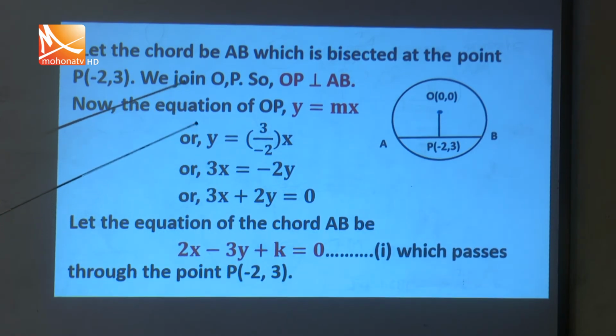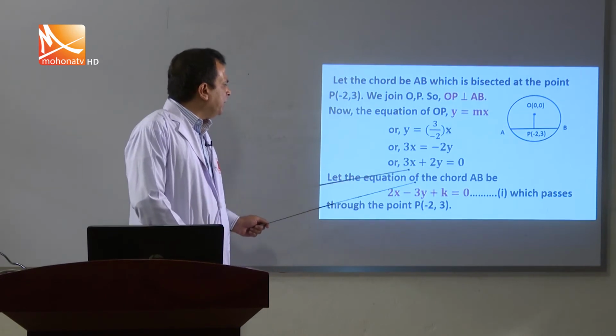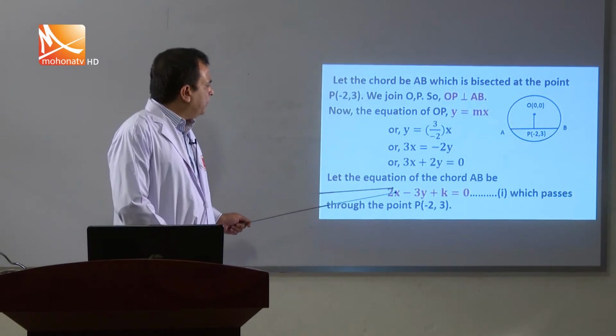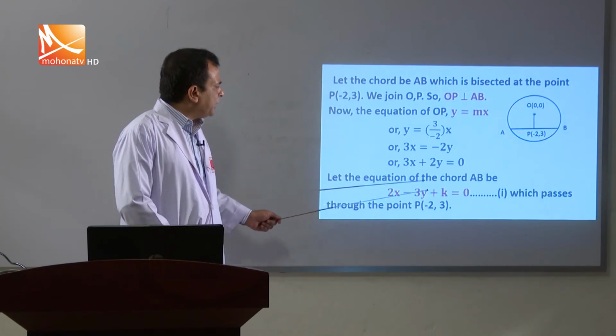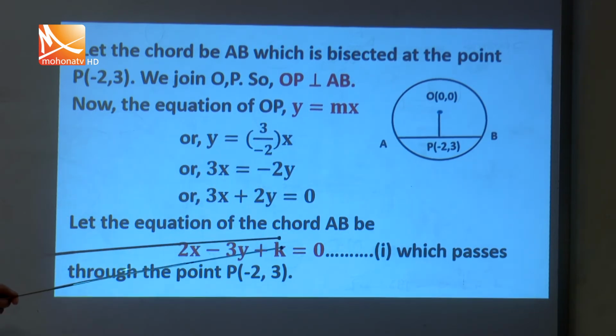Since OP is perpendicular to AB, let the equation of the chord AB be 2x - 3y + k = 0. Since these lines are perpendicular to each other, the coefficients of x and y are interchanged and the sign between x and y is changed. That's why we have written 2x - 3y + k = 0.